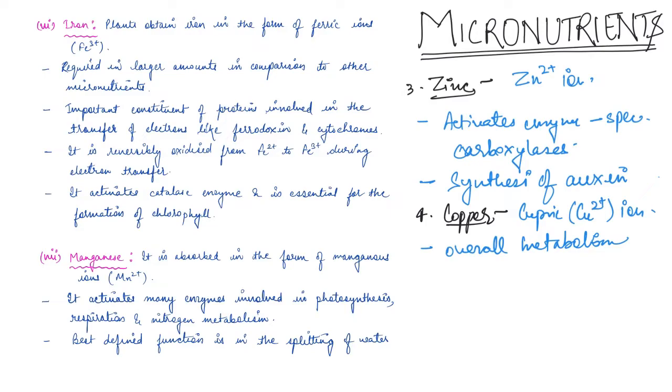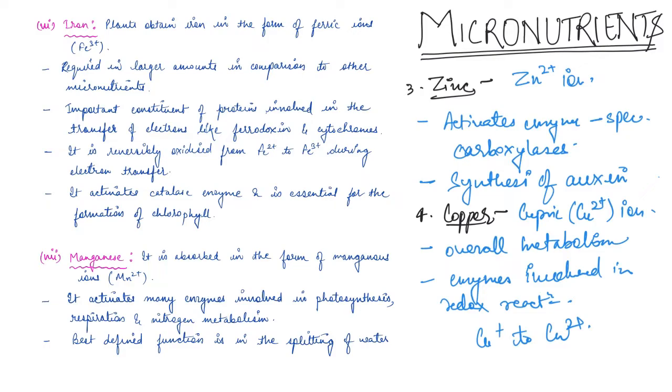Then again, like we studied for iron, it is associated with enzymes that are involved in redox reactions, and it is reversibly oxidized between Cu+ and Cu2+. So this is all about copper.